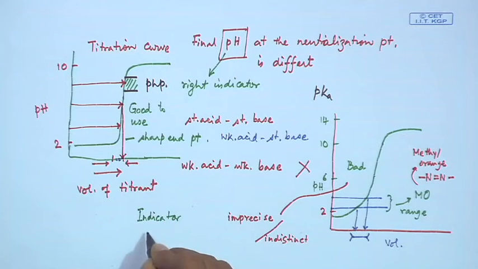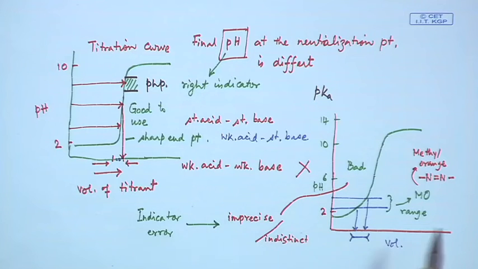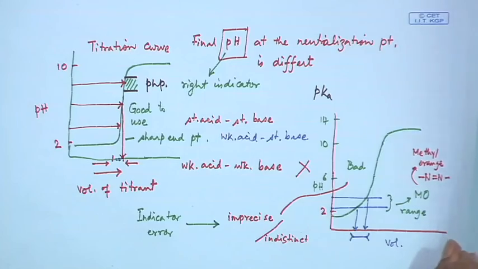So, the right choice of that particular indicator is important, and how we use that indicator for this titration is also important. And like the previous examples we were talking about earlier, this is the mixture.